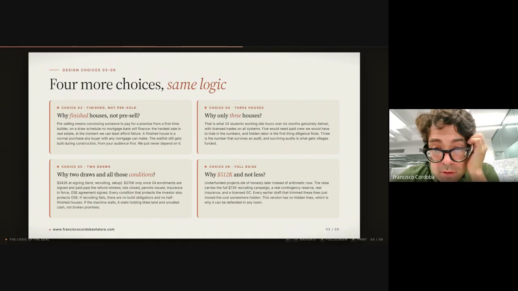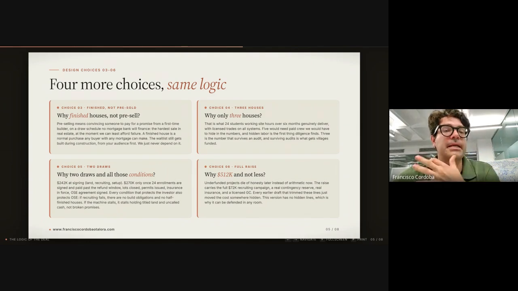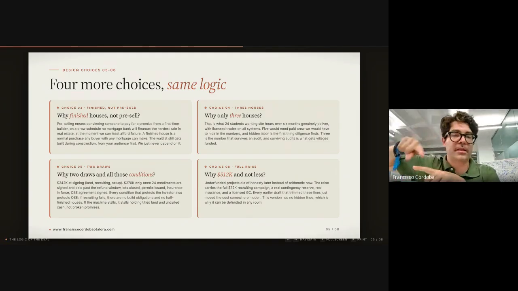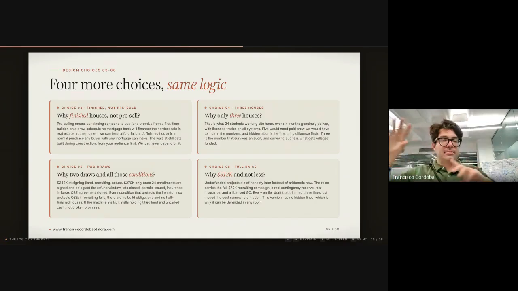Okay, the 3 houses. You just validated my hypothesis of whether it is possible to build 3, because I was thinking about the maximum number of houses that we can build in those 6 months of training, which is different from someone that has already been trained. If they can finish a house in, let's suppose, 3 months of very intensive training, then they build the first house, then the second house.